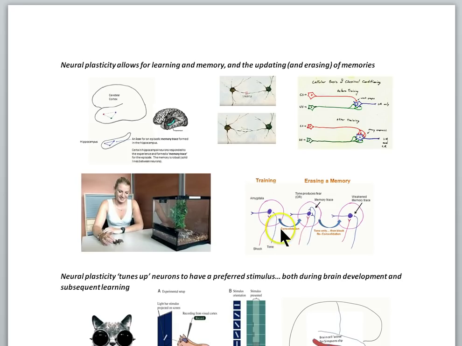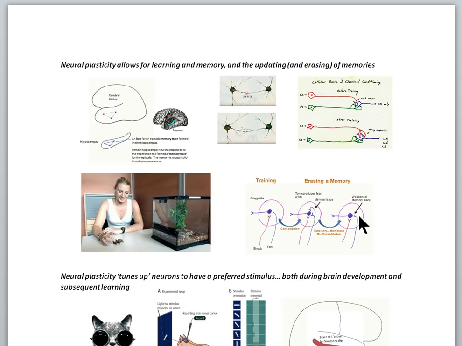So here we see the tone and shock pathways converging in the amygdala. If we pair tone, shock, we get the new synapses in the tone pathway. So this is the memory trace for the fear memory. But if we have the animal retrieve the memory, we play the tone alone and give it those drugs, we can effectively weaken those synapses again, so that we're erasing the memory.